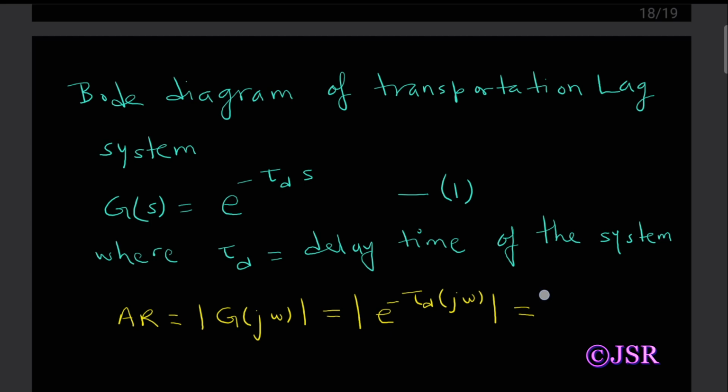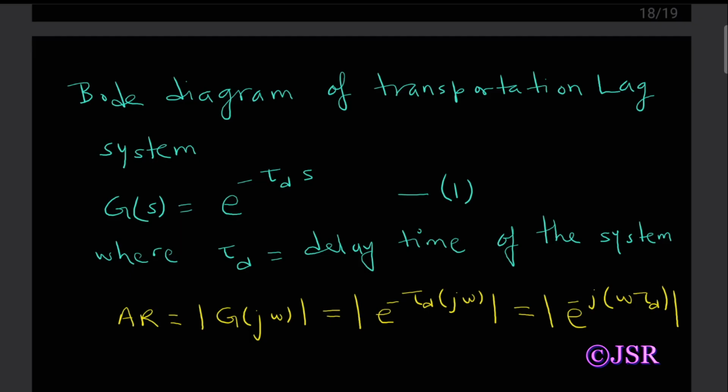This can be written as the modulus of e to the power minus j omega tau d.